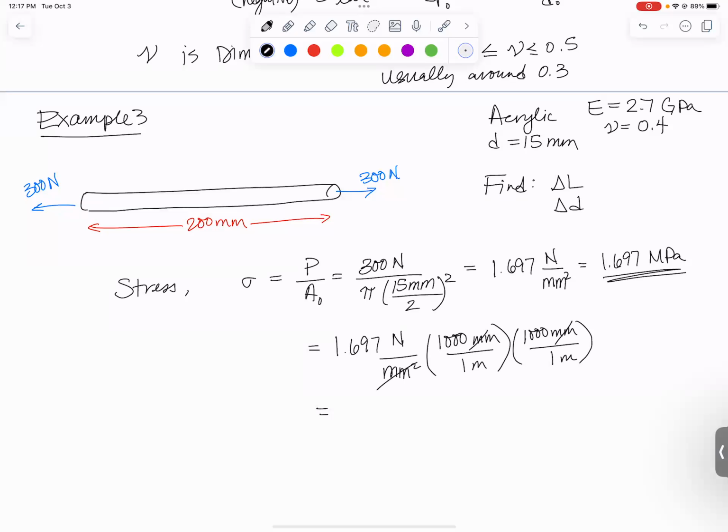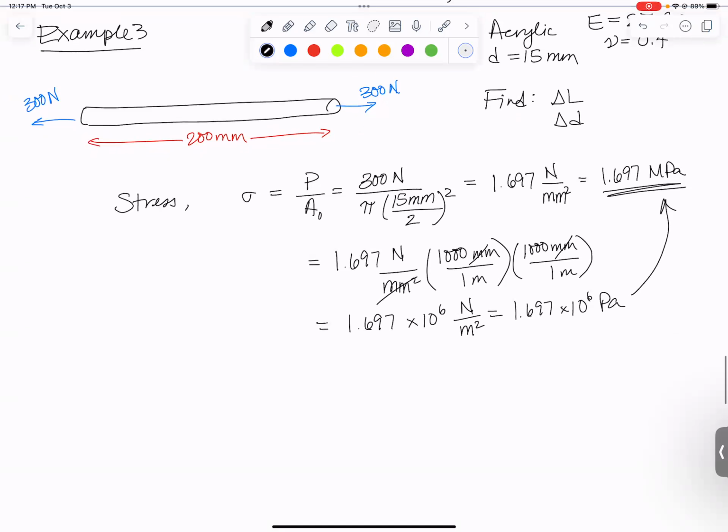And I'm going to get 1.697 times 1,000 times 1,000, so times 10 to the 6th newtons per square meter. That's 1.697 times 10 to the 6th pascals, and 10 to the 6th is mega, which is what we've got right there. Eventually you just memorize that Newton per square millimeter is a megapascal. But you can also do it with just basic units conversion. So we found the stress.